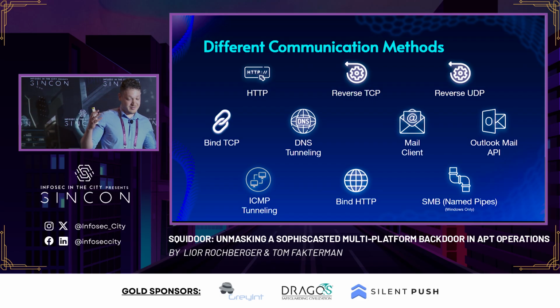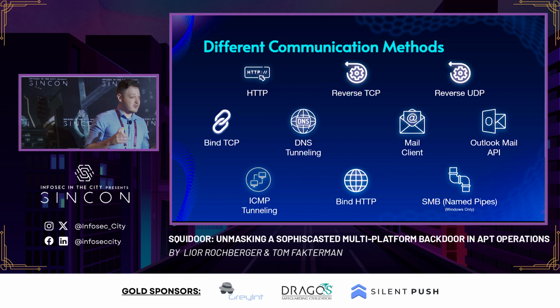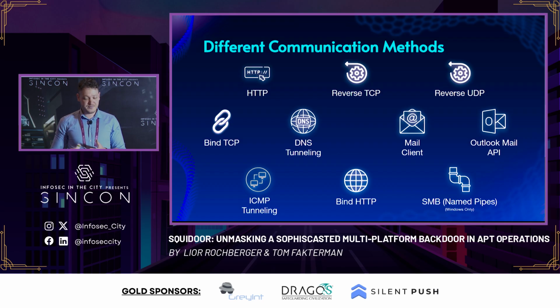We can see here some straightforward methods like HTTP, reverse TCP, reverse UDP. It can use some more stealthy methods like DNS tunneling or ICMP tunneling, and also some rare and unique methods like using the Outlook mail client API to send and receive commands from the attackers.